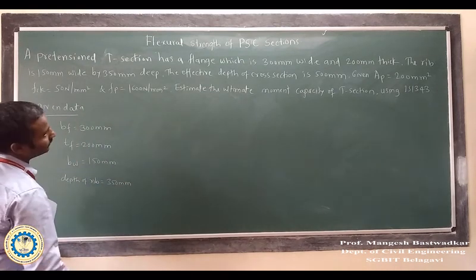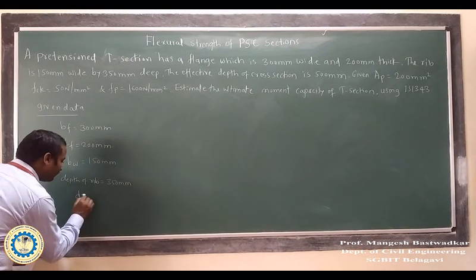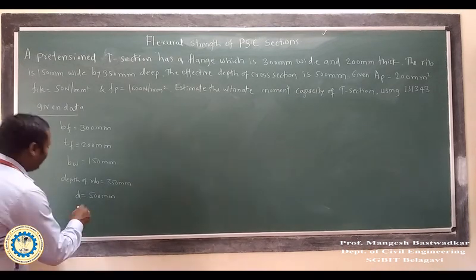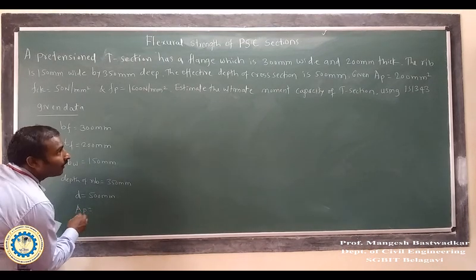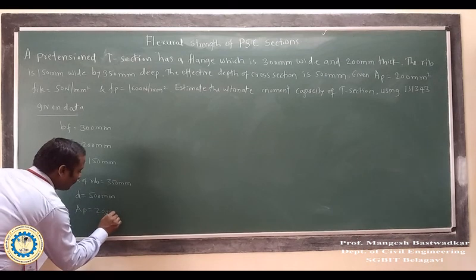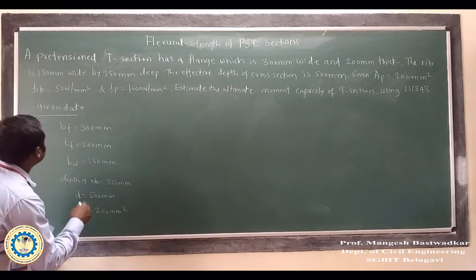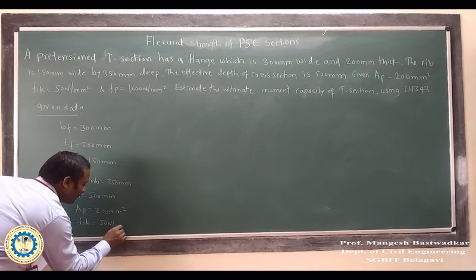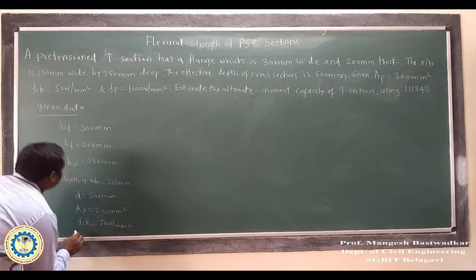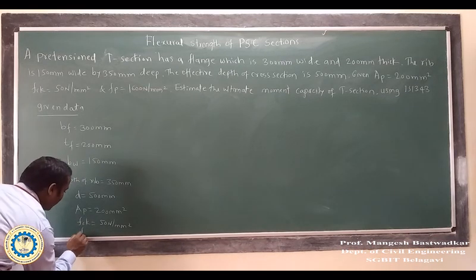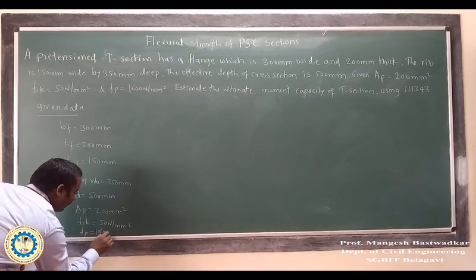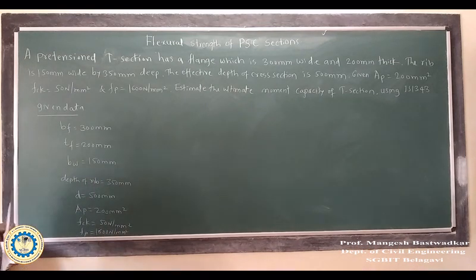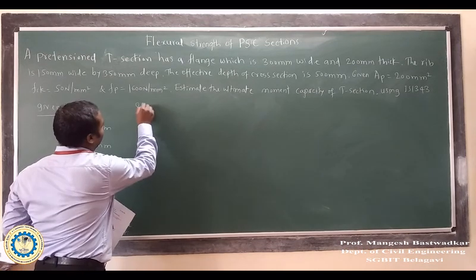Then effective depth is given, it is 500 mm. Then AP is 200 mm square. Then FCK is 50 Newton per mm square. Then FP is equal to 1600 Newton per mm square. So now we'll solve the problem.